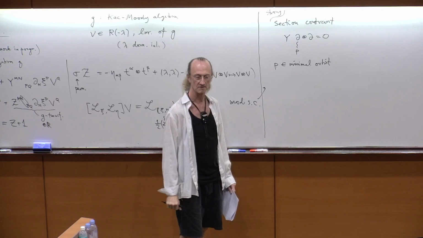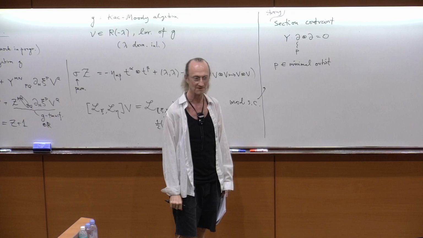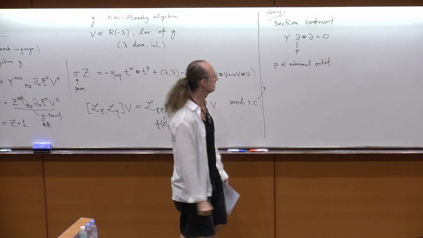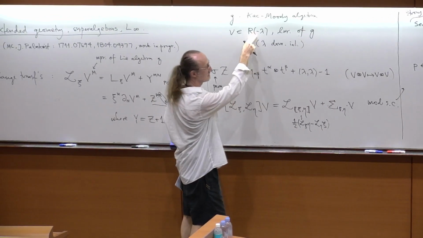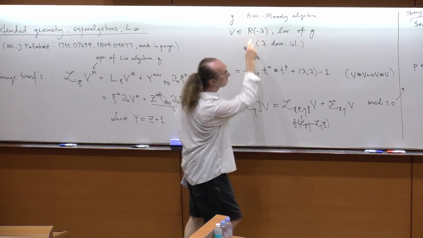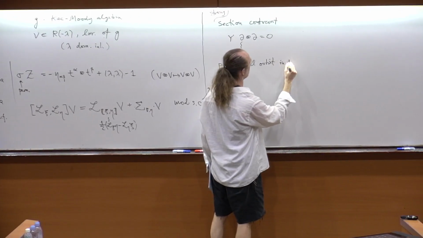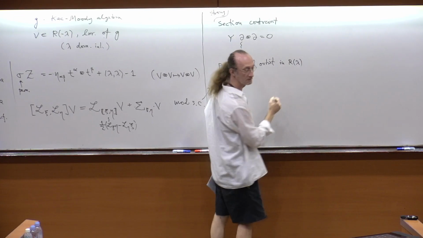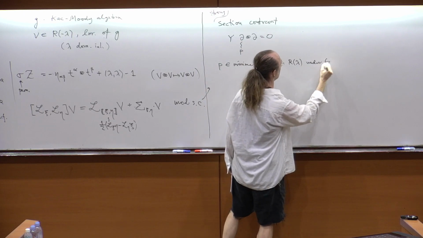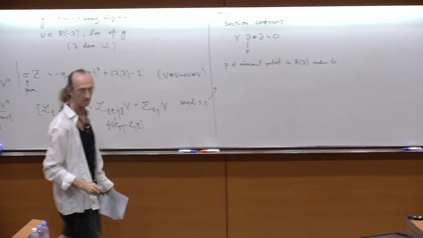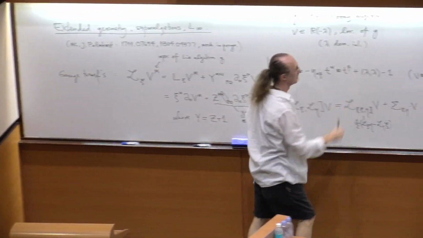That's the strongest constraint you can possibly put on something. Minimal orbit means minimal orbit of this representation, of R, the conjugate representation under the group, the Kac-Moody, the exponentiation of G.